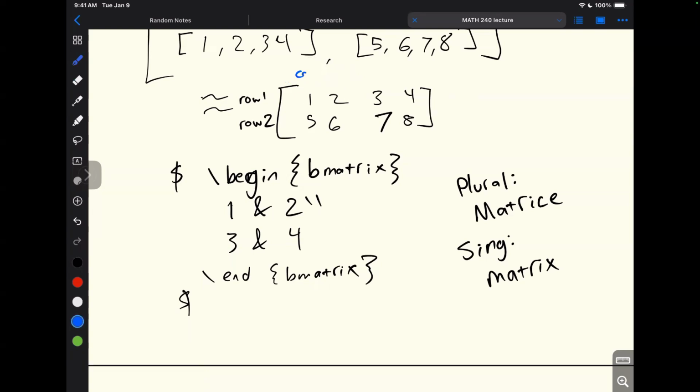Column 1, column 2, column 3, column 4. This is the one place where we do start counting at 1, unlike in a lot of computer science. We've got the first row in the matrix, the second row in the matrix.